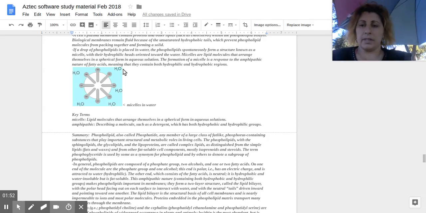Where the water is, you have the polar side. So if a drop of phospholipids is placed in water, they spontaneously form a structure known as the micelle.